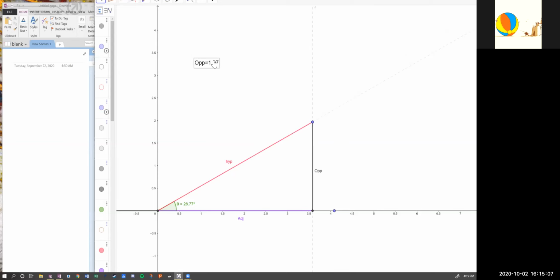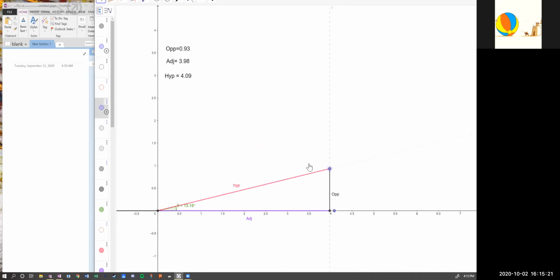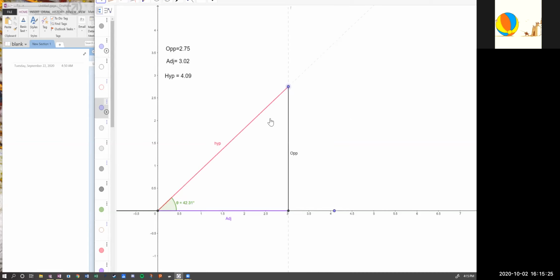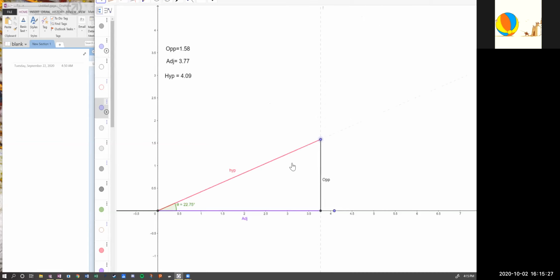And I've got some things here that's tracking them at the opposite side, the adjacent side, and the hypotenuse. So we're measuring those. So as we change the angle, you'll notice the opposite and adjacent change. The hypotenuse doesn't change just because of the way I have this scripted.